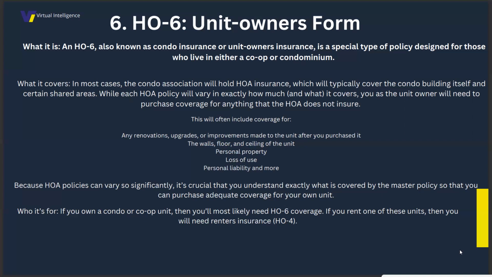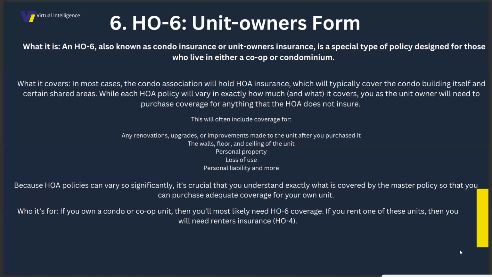This will often include coverage for any renovations, upgrades, or improvements made to the unit after you purchased it, the walls, floor, and ceiling of the unit, personal property, loss of use, and personal liability, and more.